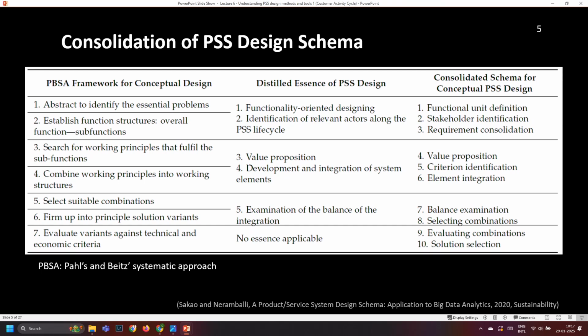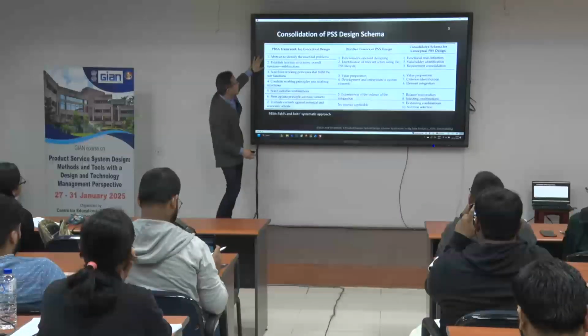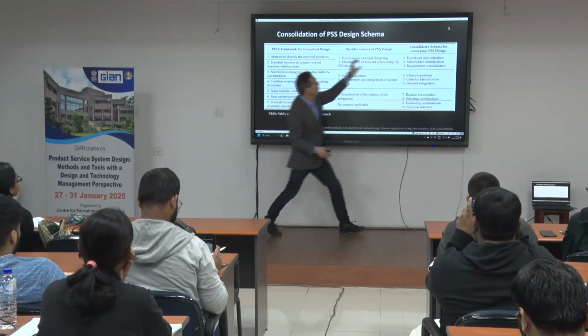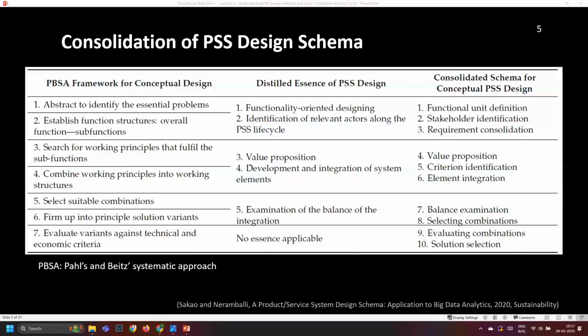This shouldn't be surprising, no? Because you see we kept the first two steps of Pahl and Beitz, and then we applied these PSS design essences to come up with the first 3 steps of the PSS design procedure. And then that applies to the other parts.